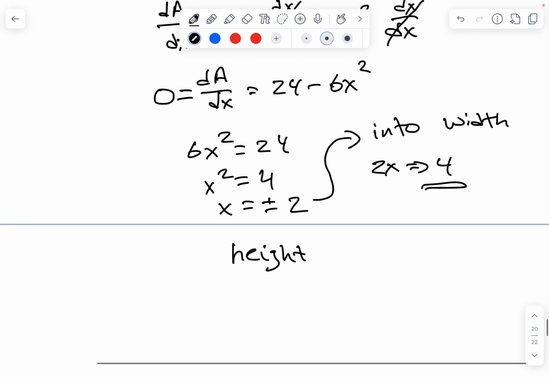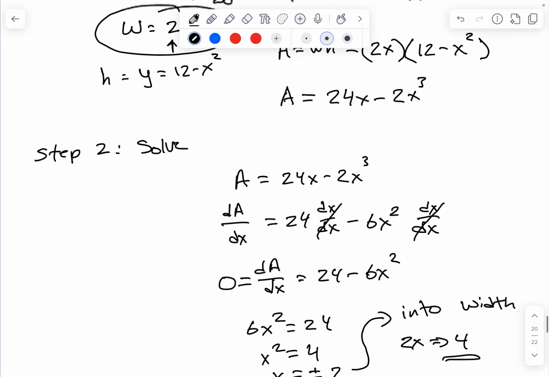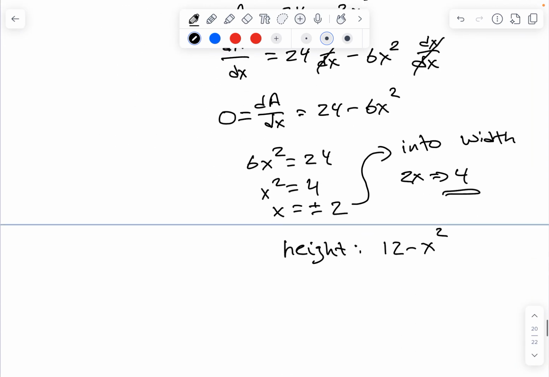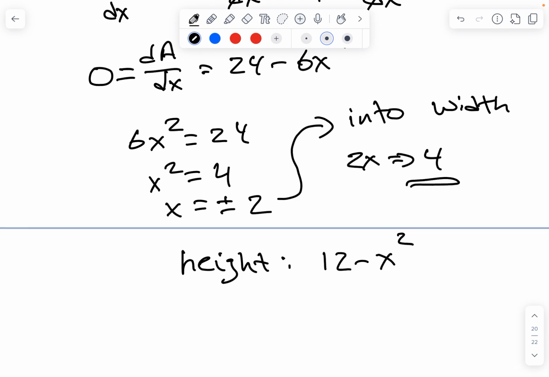Now let's go to height. Height, again, is given by 12 minus x squared, right here. And now we know x, so we can just plug that in. We know x is 2, so this will be 12 minus 2 squared, which is 12 minus 4, which is just 8.